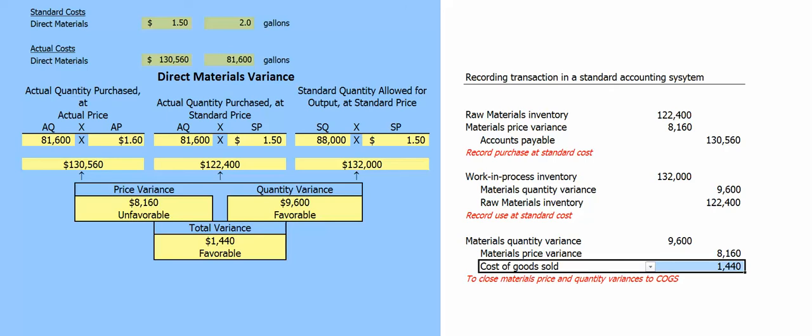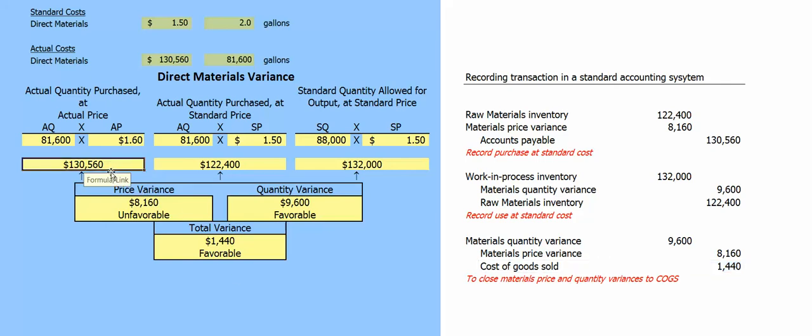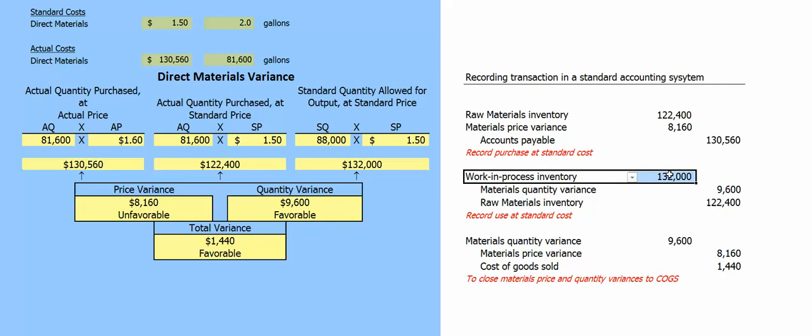And let's go ahead and take a look for a second at what was going on. We actually spent and used $130,000 worth of raw materials. But because we record things at standard, we recorded a charge of $132,000 to our work in process inventory.